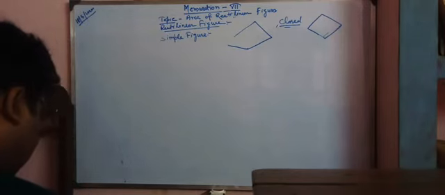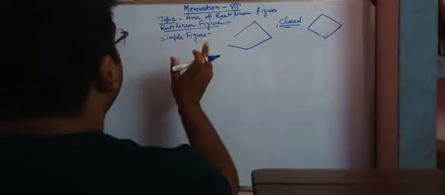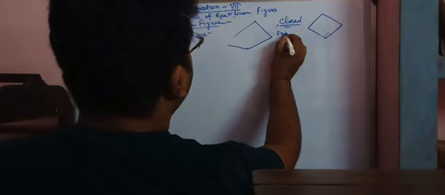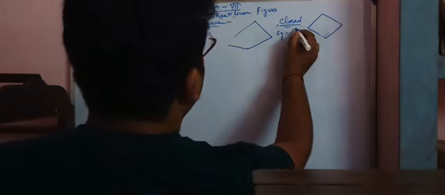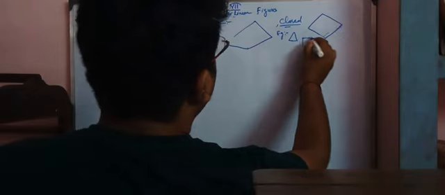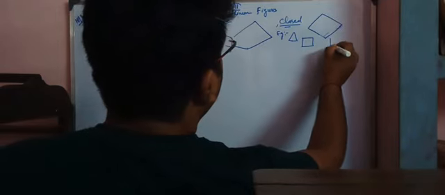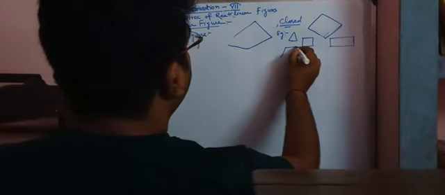If we take examples of closed figures: a triangle, a square, a rectangle, or a trapezium.